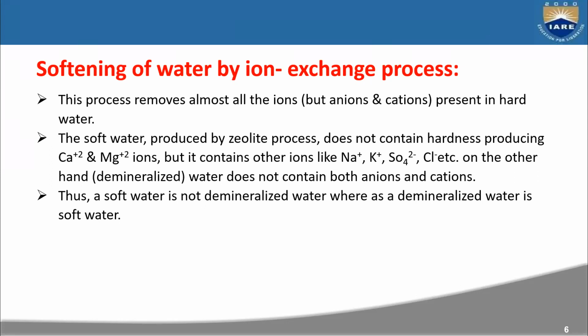So the cation exchanger exchanges cations, meaning positive charges, meaning metals. Already it is visible on the screen. Sodium, potassium, calcium, magnesium. These four elements are exchanged in the cation exchange process. In the anion exchange process, sulfate and chloride ions are exchanged.